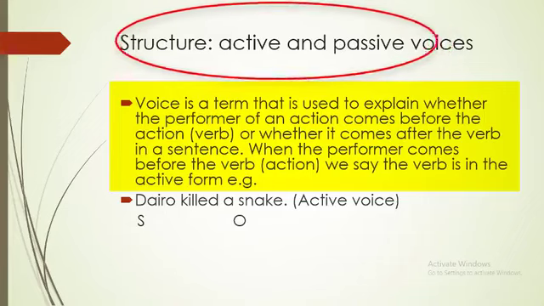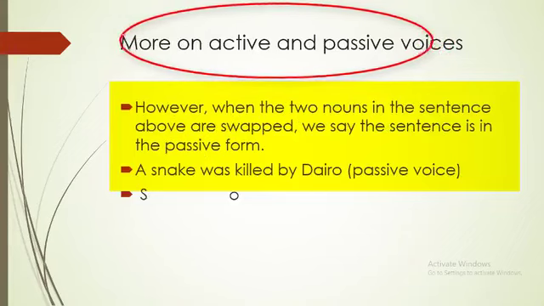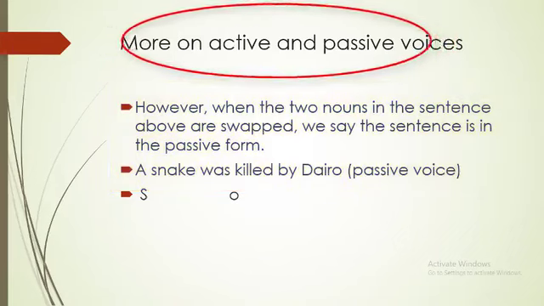Killed is a regular verb and also a transitive verb. 'Dairo killed the snake' is active voice. In the passive voice it becomes 'The snake was killed by Dairo.'